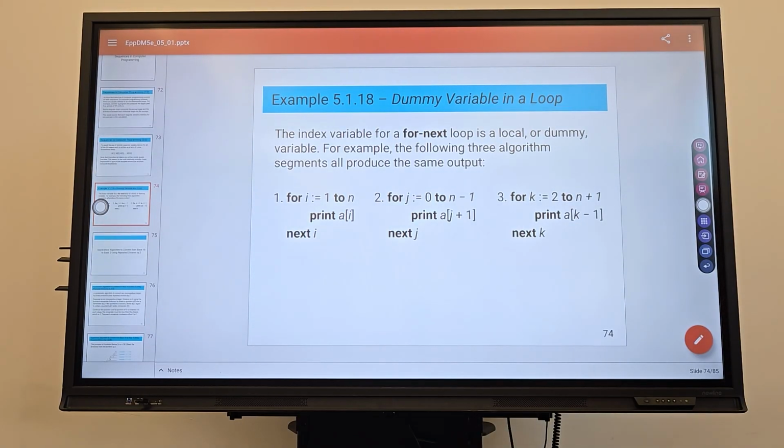The index variable for a for next loop is a local or dummy variable. The following 3 algorithm segments all produce the same output. For i equals 1 to n, print a sub i. For j equals 0 to n minus 1, print a sub j plus 1.